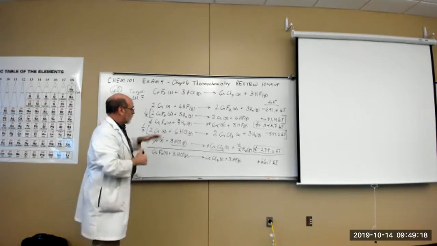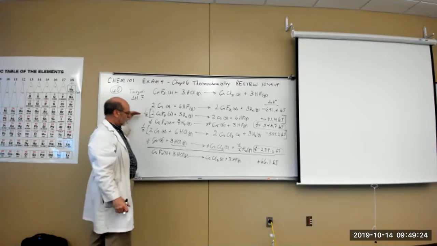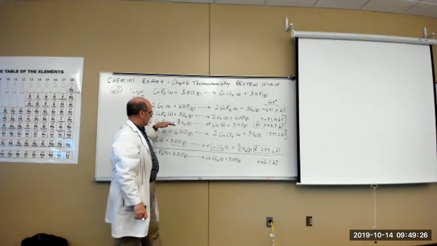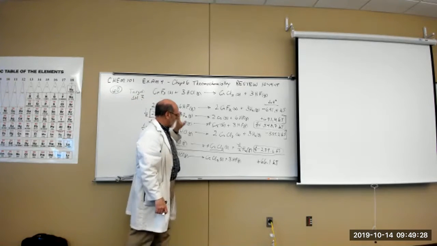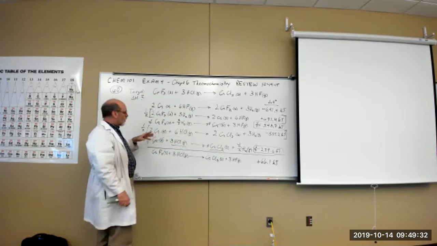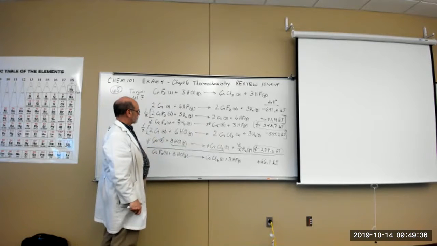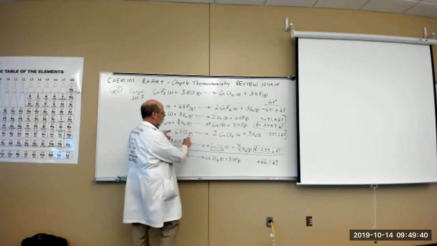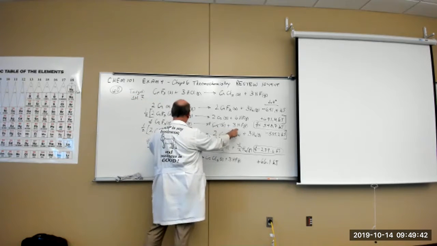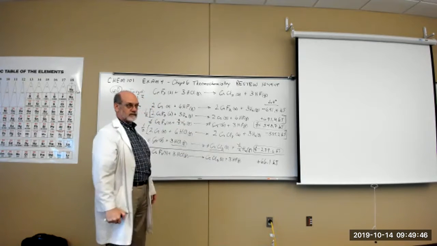Now, with the targets and the canceled parts, if you have one in one reaction and one in the other on opposite sides, they cancel. But what if I had had something over here that was also in this one over here? Well, it cancels too.